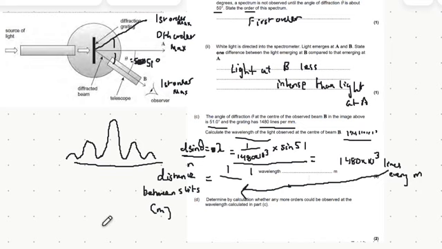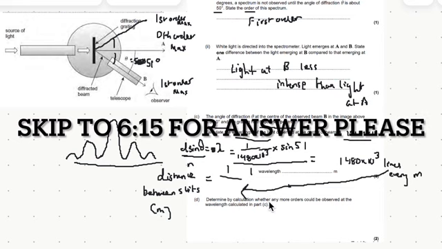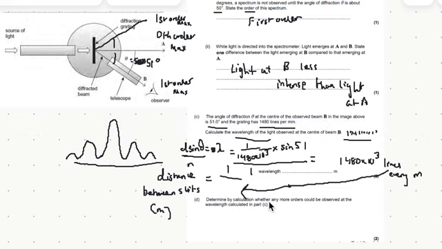So I'm just going to quickly do that on my calculator. This, by the way, says 1480 times 10 to the power of positive 3. Sorry, I'm getting a little confused.